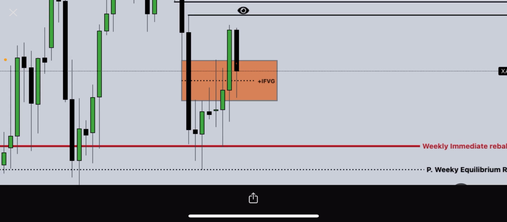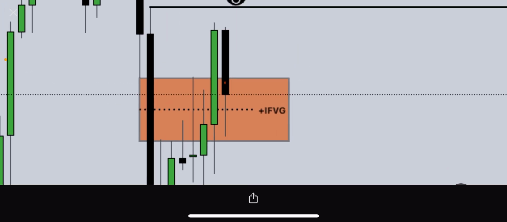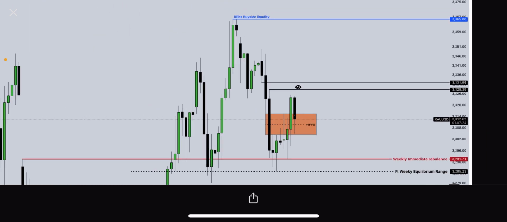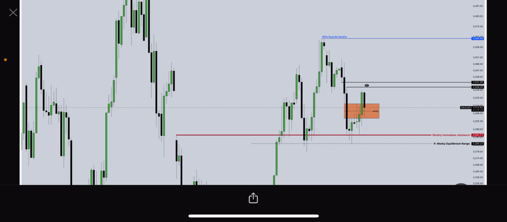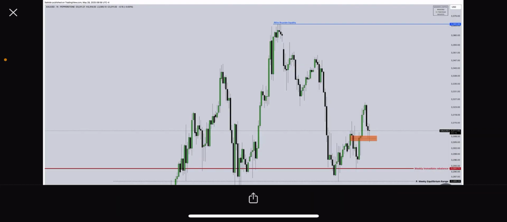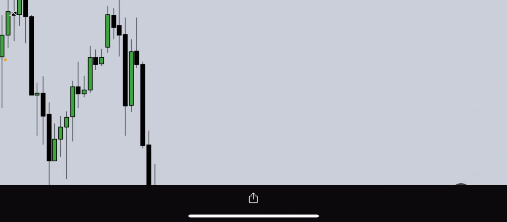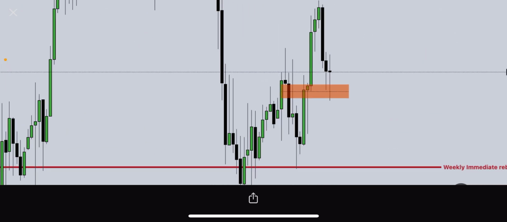And then as this hourly candle was retesting the low of the inversion fair value gap on 15 minutes, it was forming something like... I think this is the 15 minutes if I'm not mistaken. Let's confirm. Still the 1 hour. That other time frame was 4 hours if I'm not mistaken.